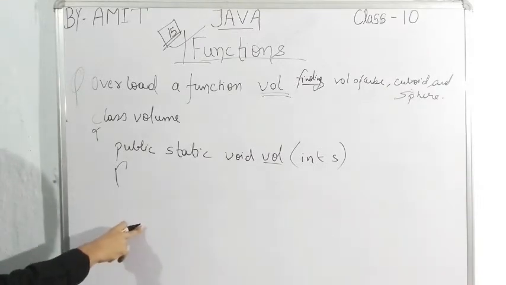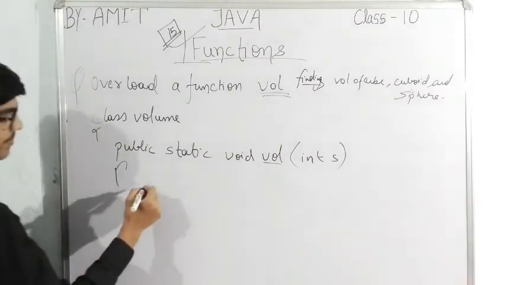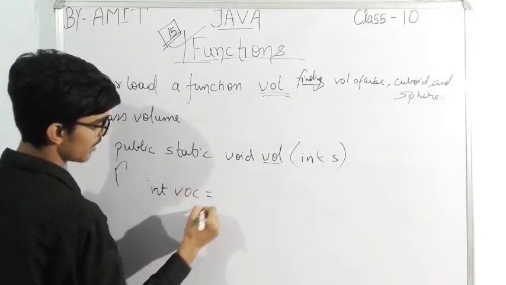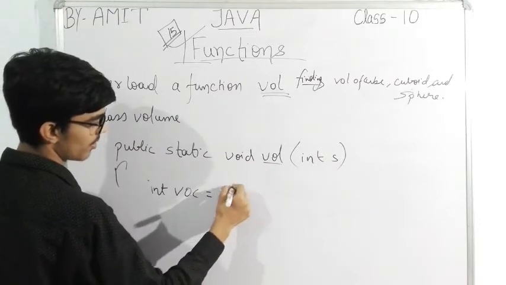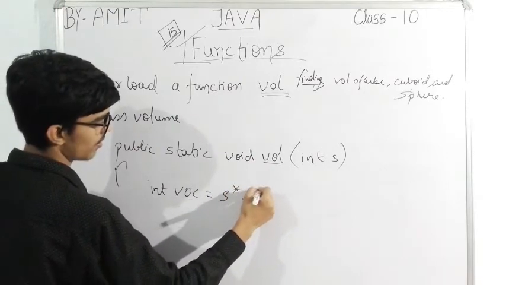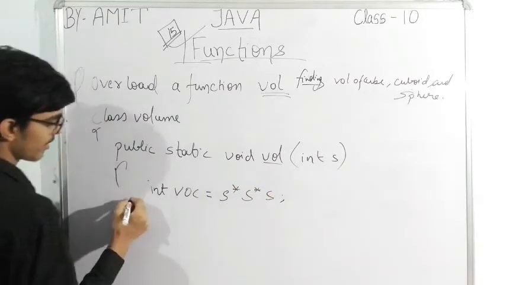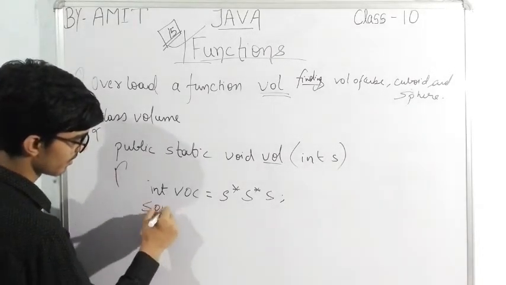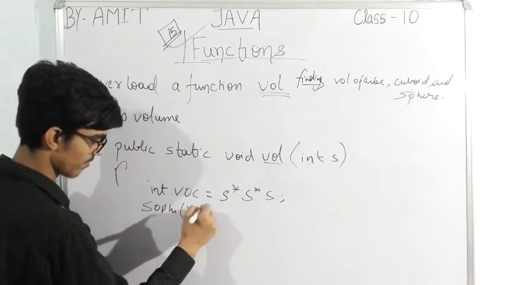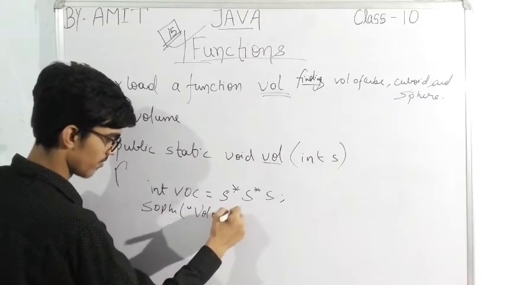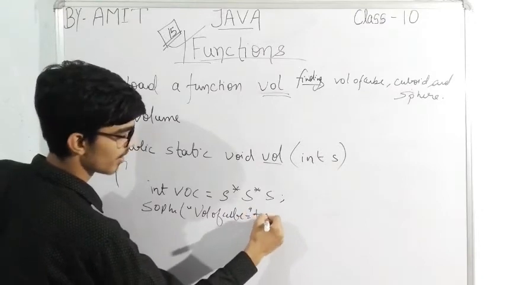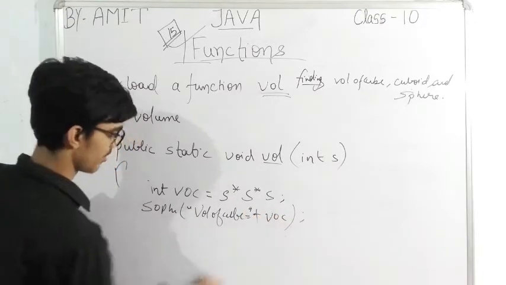So we write int voc, the volume of cube, is equal to s into s into s, and we'll also print it: volume of cube is equal to plus voc.